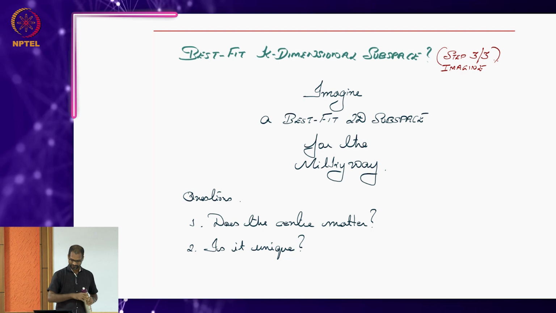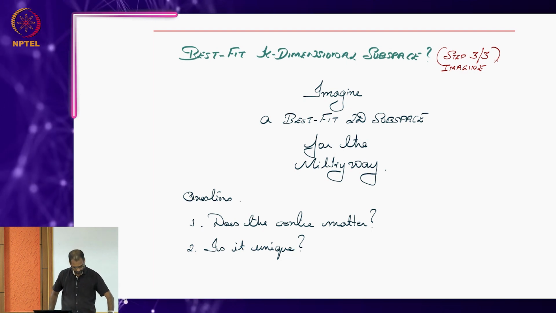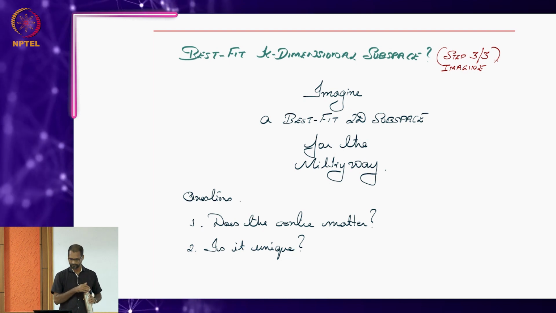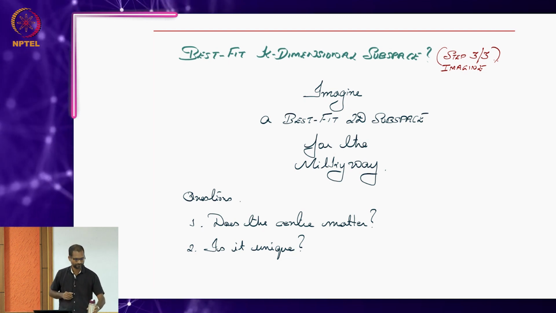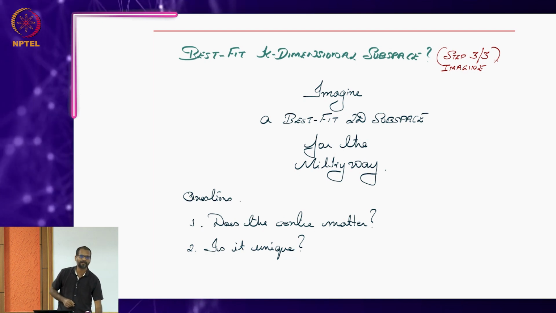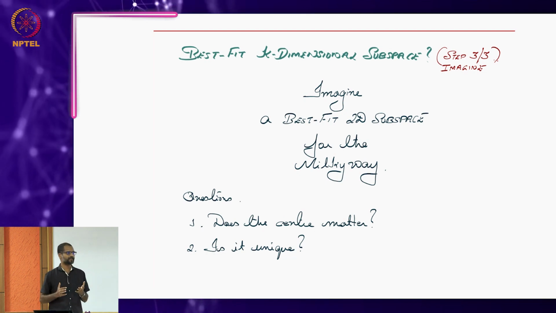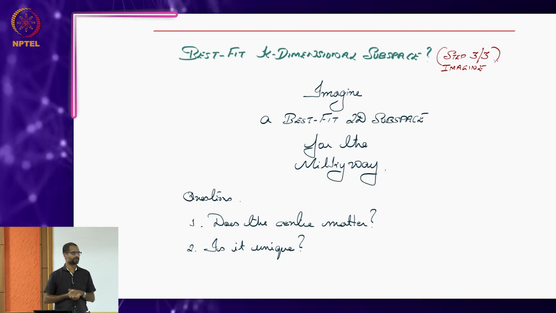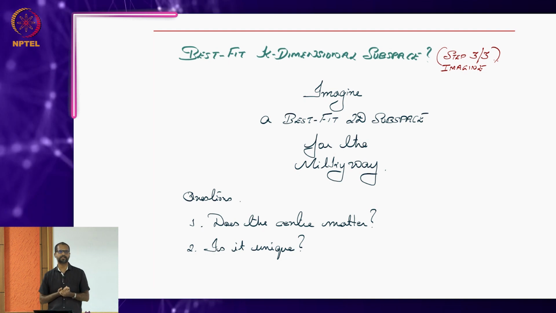Can you imagine that? What would be the 2D subspace that is the best fit? Actually, I should have put these questions in the next slide. You can answer this question only if I tell you what the origin is, because we are only looking for planes that pass through the origin.